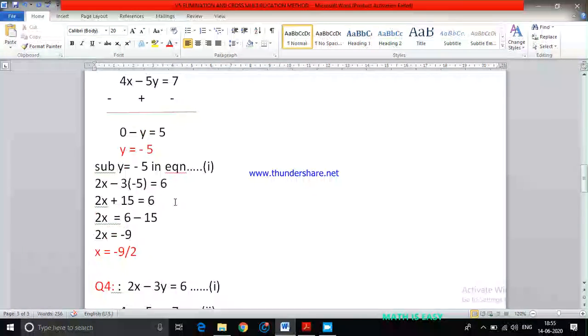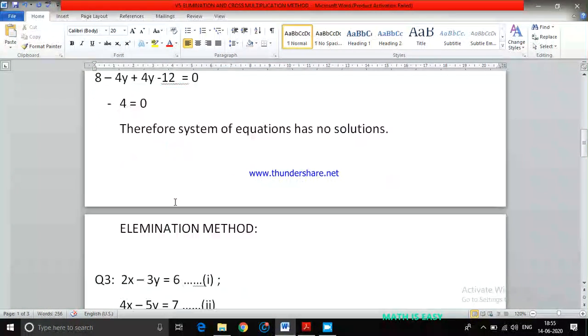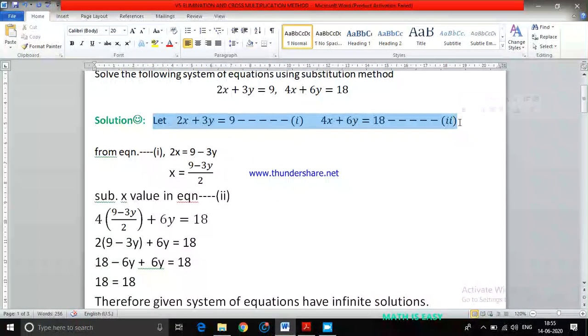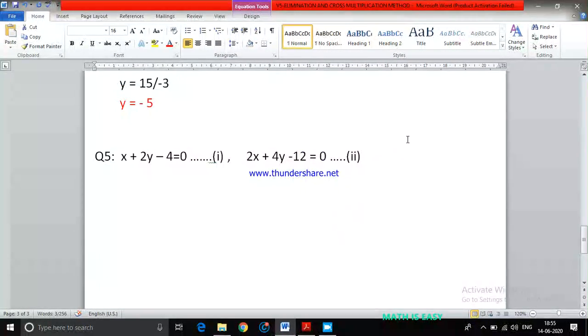Now next, question number 6. You take this system of equations which has infinitely many solutions and try to solve it by the elimination method, and let me know what conclusions you are going to get.